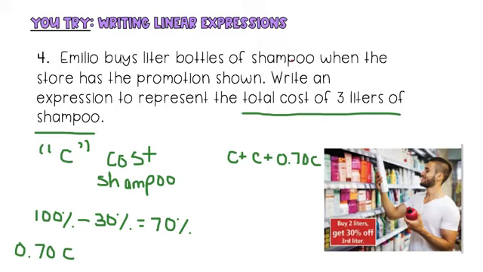Remember, when C is by itself, you can give it the coefficient of 1. So 1 plus 1 plus 0.70 C. My expression is 2.70 C. That's my cost for my 3 liters of shampoo.